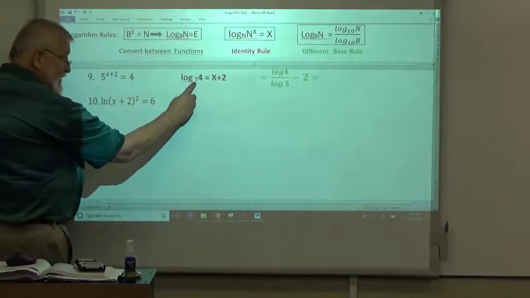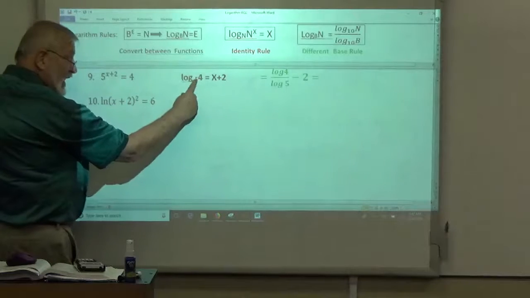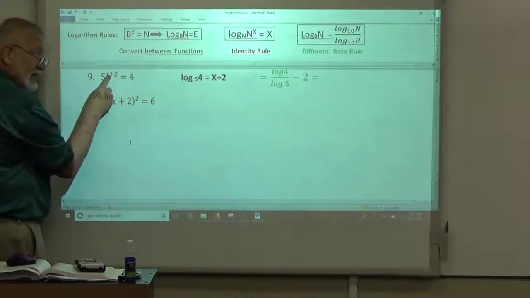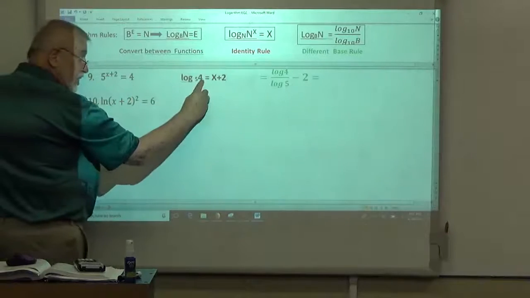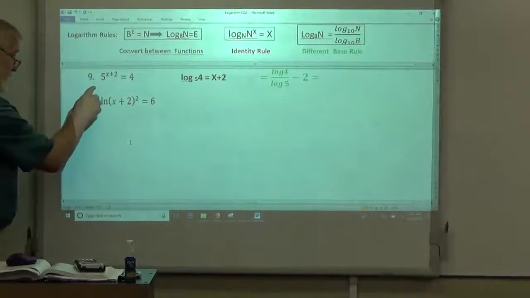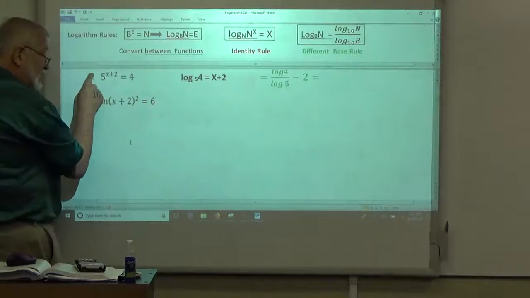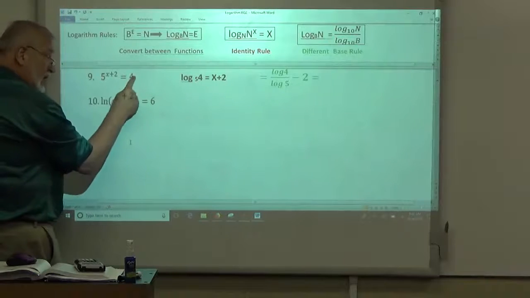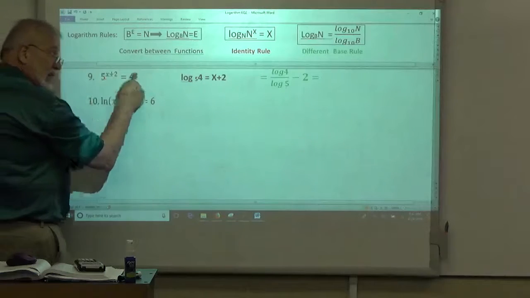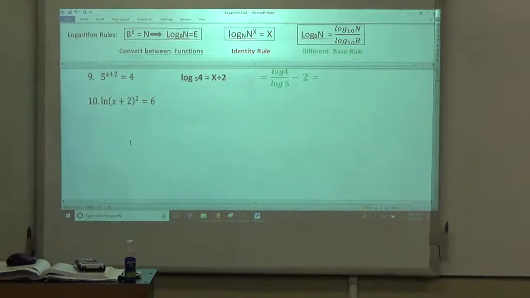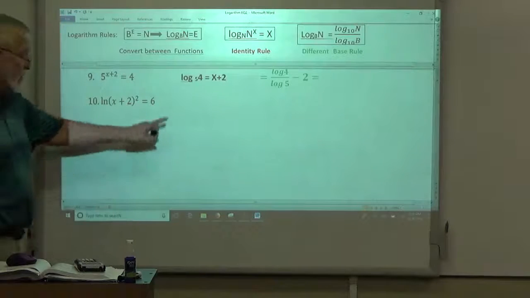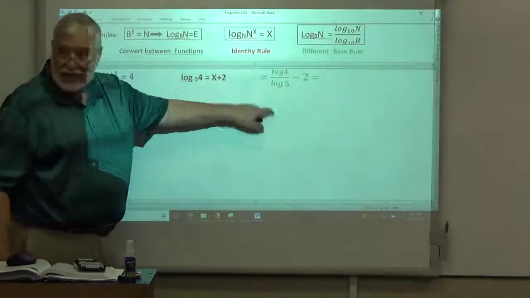So, in this case, I have 5 to the x plus 2 power, that's this, equals 4. Right? So, if I have this, I take log base 5 of the number equals the exponent. I can set it that way too. Now, log base 5 of 4 is a base change. It's log of 4 divided by log of 5.